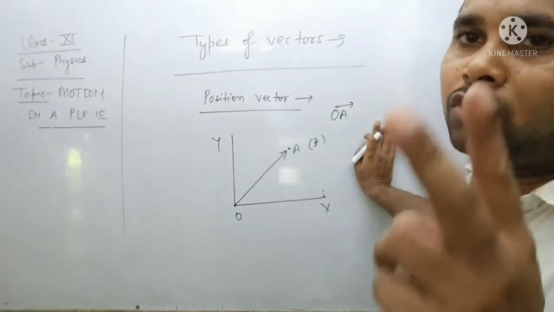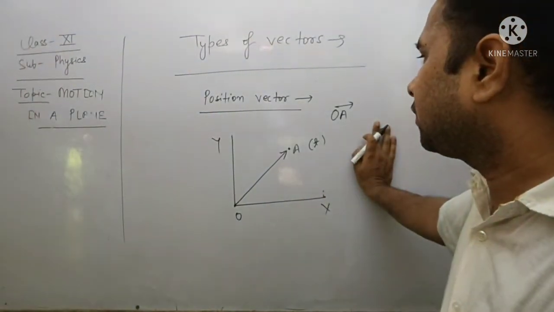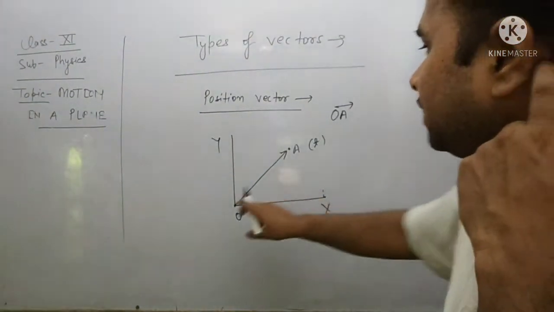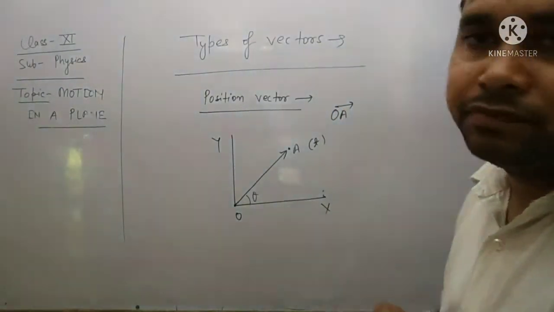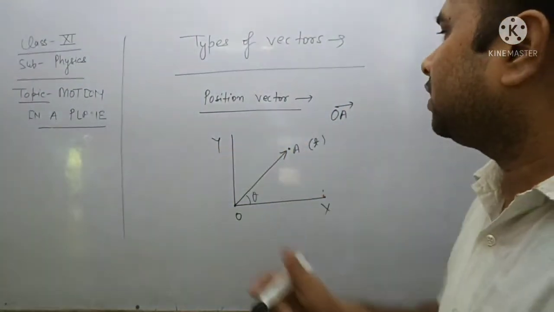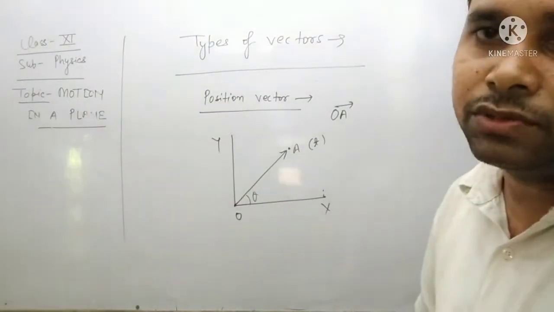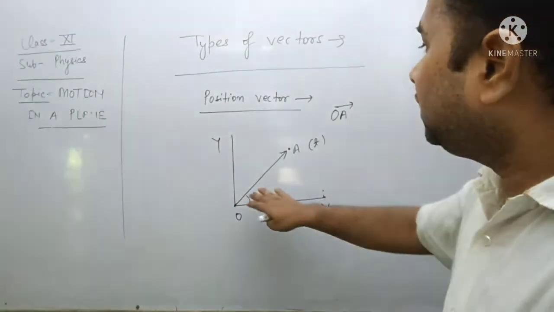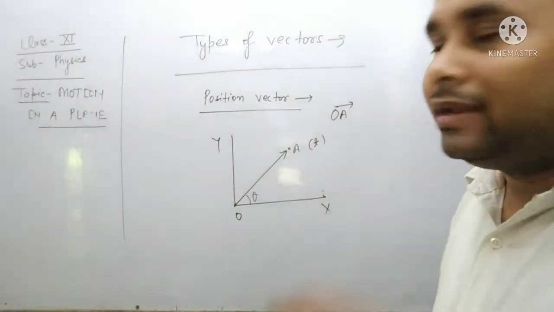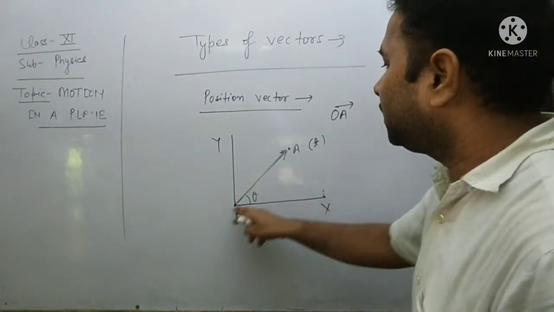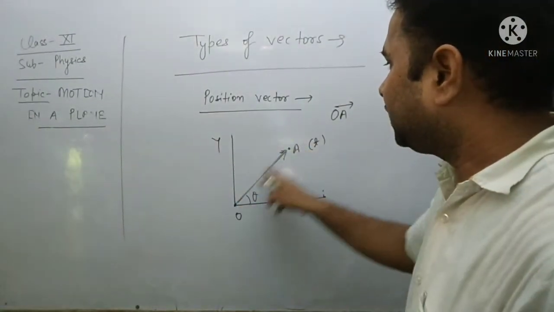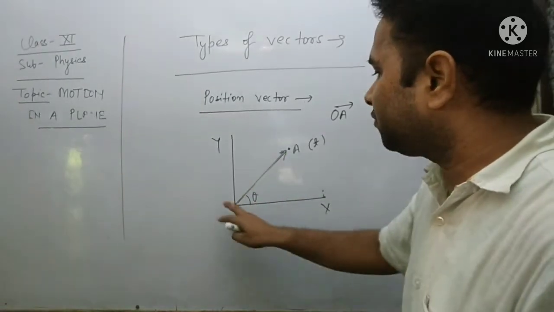It informs you about two pieces of information. First, its direction, meaning this theta from the x-axis, or you can find it from the y-axis also. So it gives the direction, and it also represents the straight distance of the body from this reference point O.